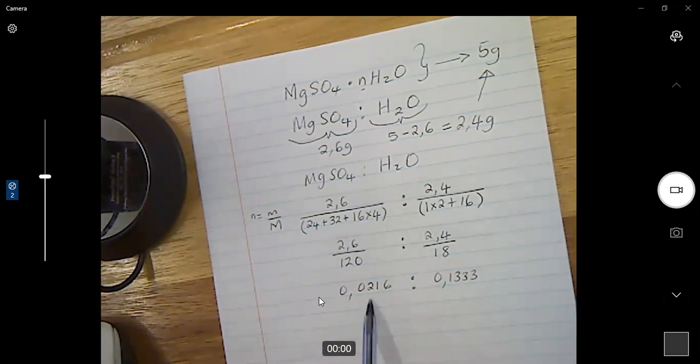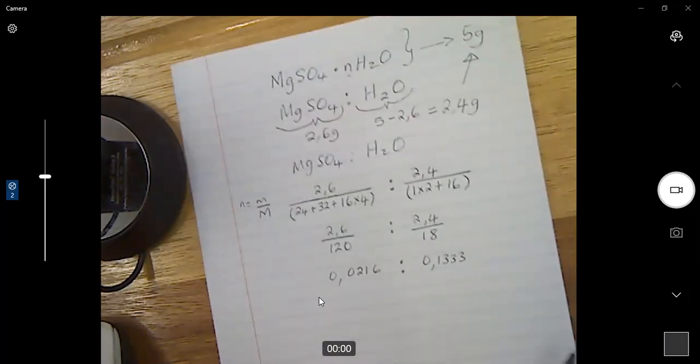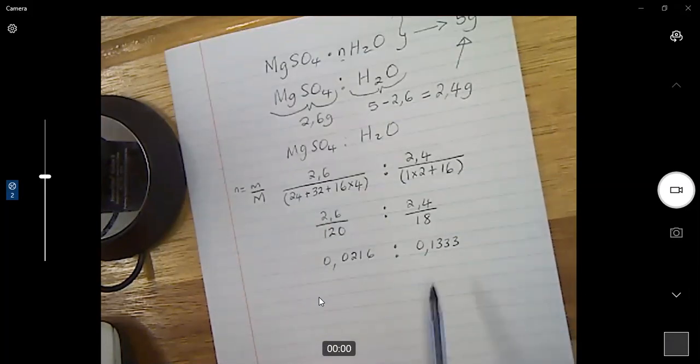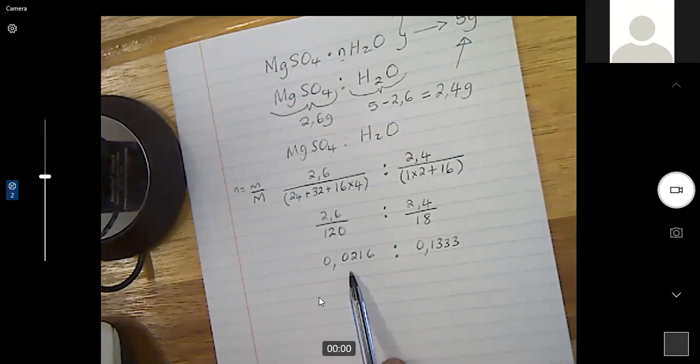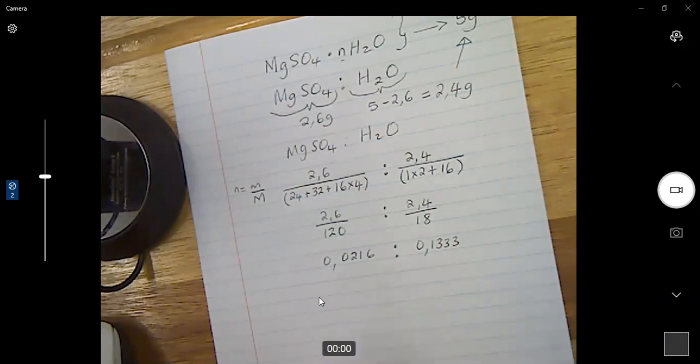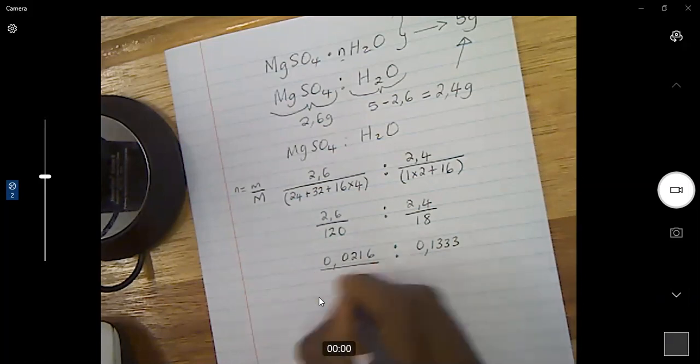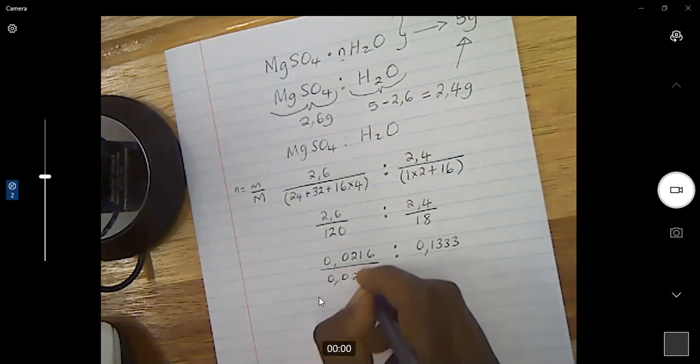So you just keep 4 decimal places for comparison's sake. Then you check which one is the smallest. The first one, which is 0,0216. That's the smallest. So we divide everything by 0,0216.